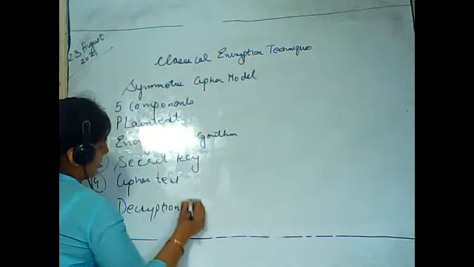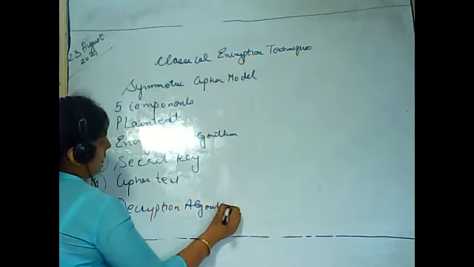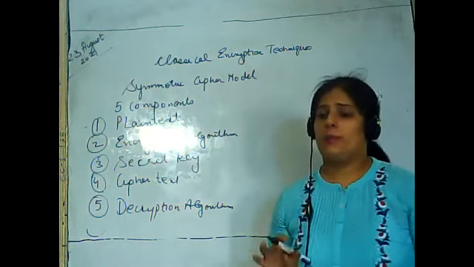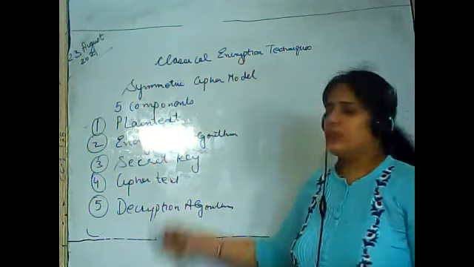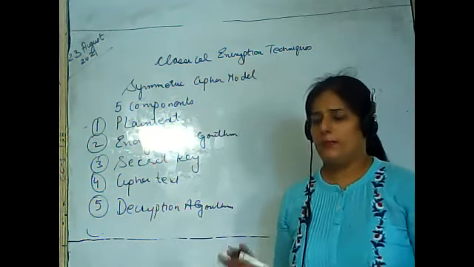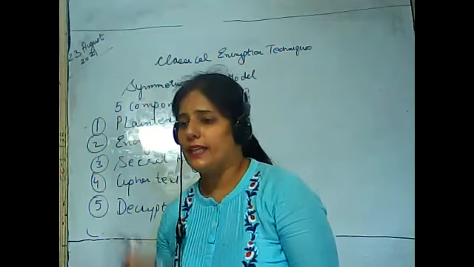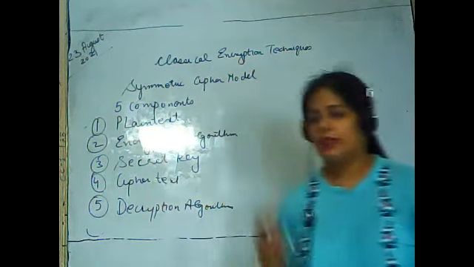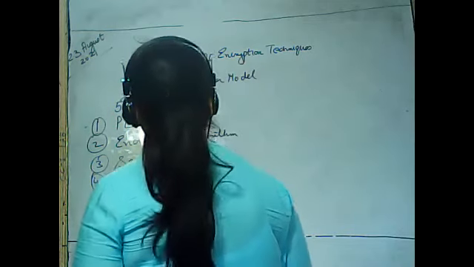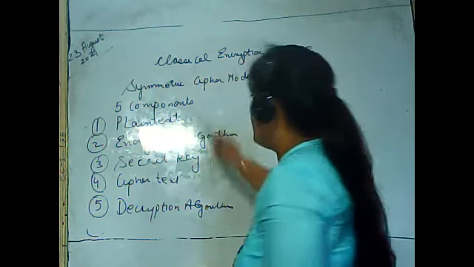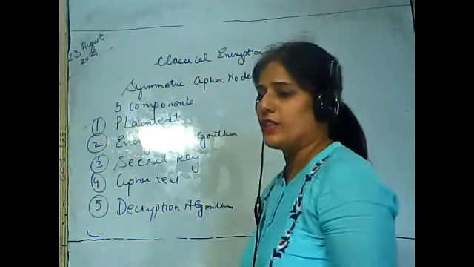These are the five major components that you will be getting in any type of model. If you are following any encryption technique, you will be getting these five components each and every time while implementing that particular algorithm. If you are following any symmetric cipher model to transfer your information from the sender to the receiver, you will get these five components each and every time.